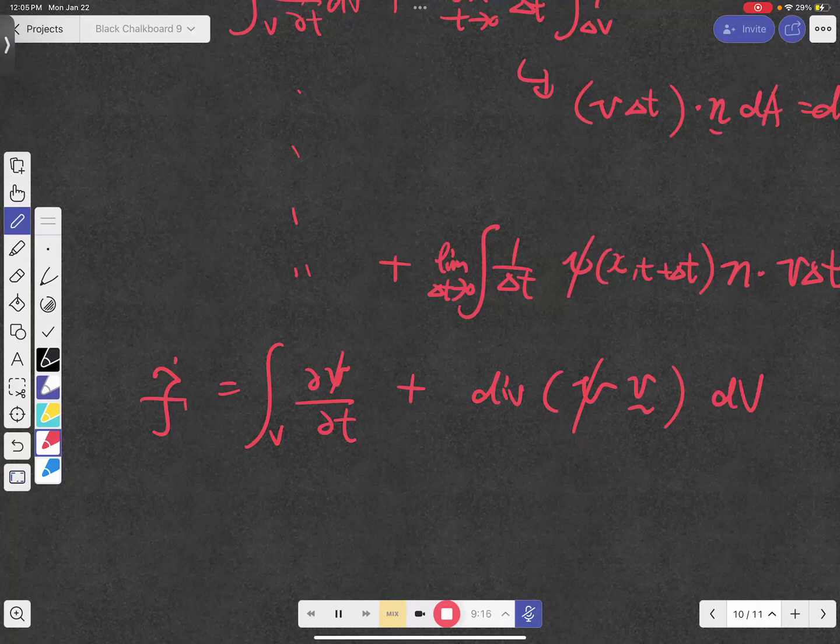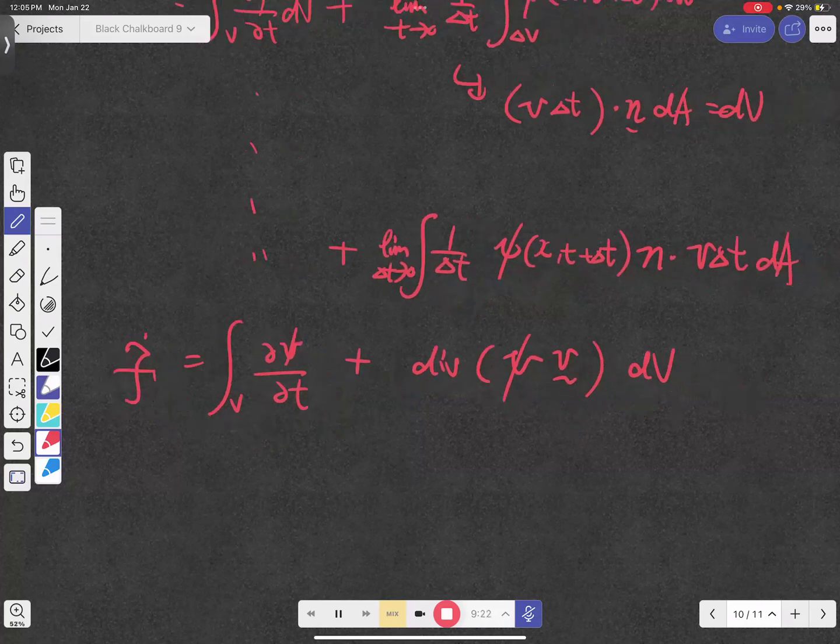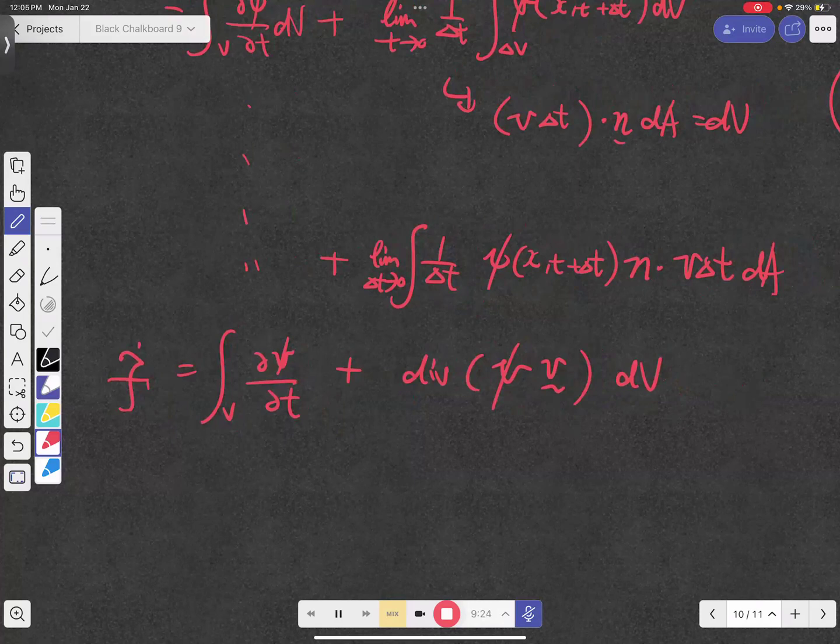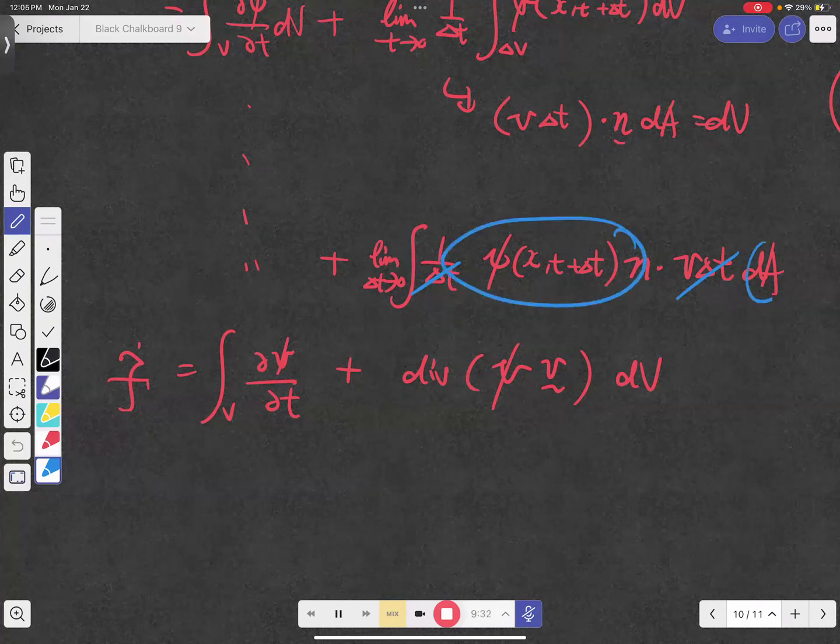Okay, so far so good. I skipped a few steps there. I can cancel this out first, and then the second step I did is that I apply the divergence theorem so that I get back to these equations.